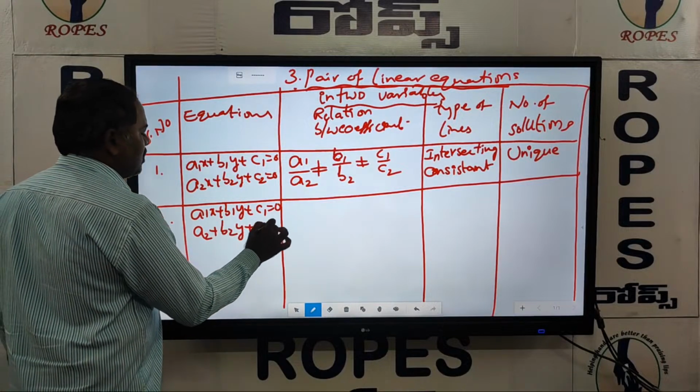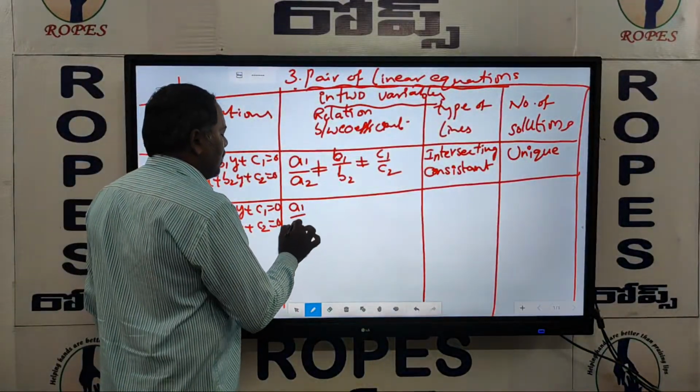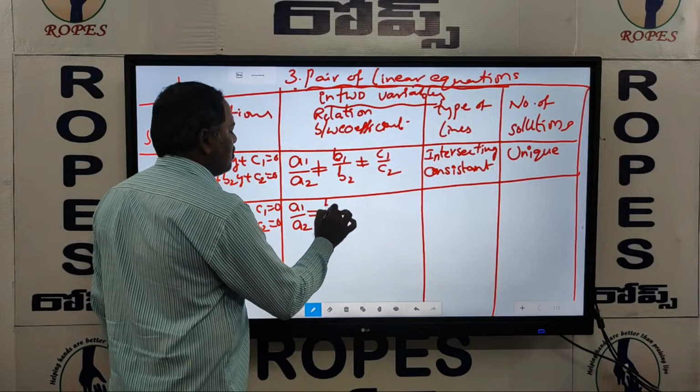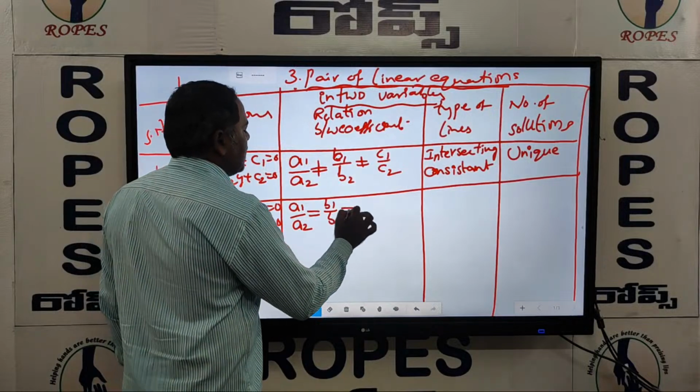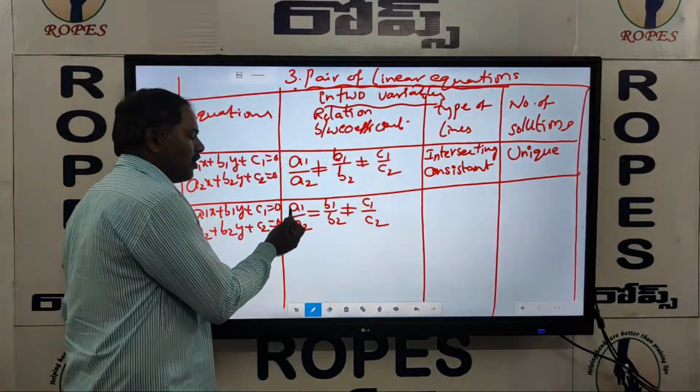Okay, right. Next, the second one: if a1x plus b1y plus c1 is equal to 0 and a2x plus b2y plus c2 is equal to 0, then the relation is a1 by a2 is equal to b1 by b2 is not equal to c1 by c2. Observe carefully.